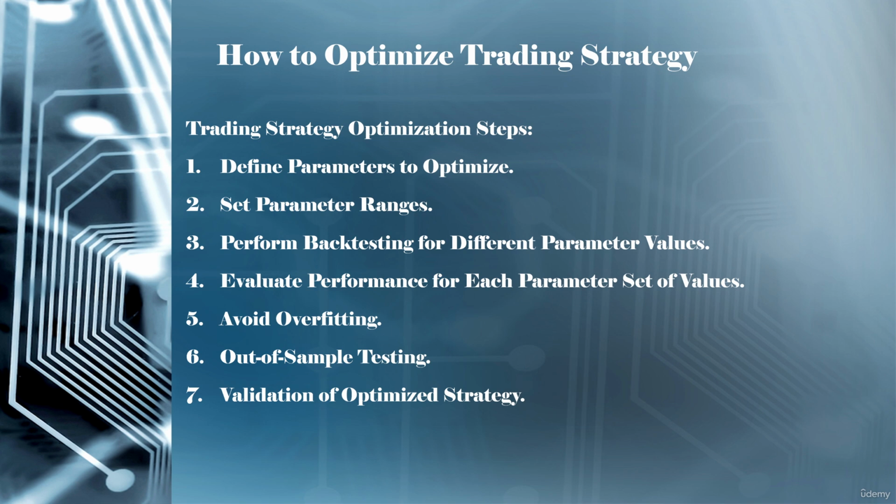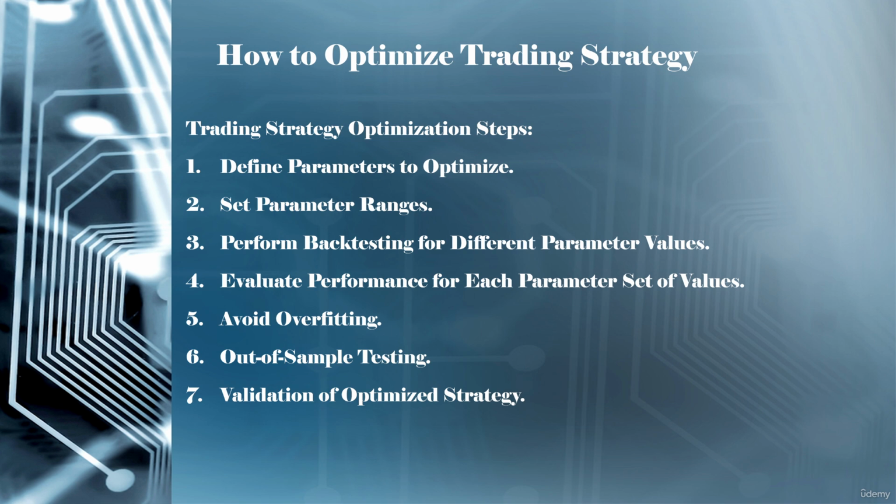Next step, avoid overfitting. Be cautious of overfitting, which occurs when a strategy is excessively tailored to historical data and may not perform well in new market conditions. It's essential to strike a balance between optimizing for historical data and maintaining a strategy's robustness.